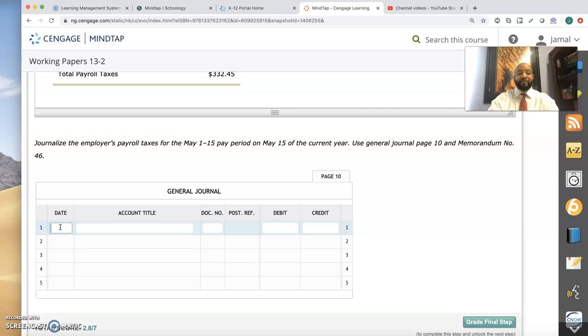Let's go. So we know it's May. And we know it's the 15th. May 15. Good. Which taxes are we paying? We're doing our payroll tax expense.